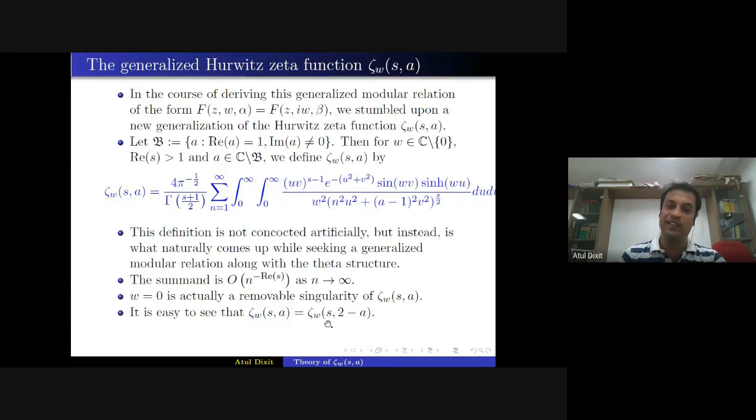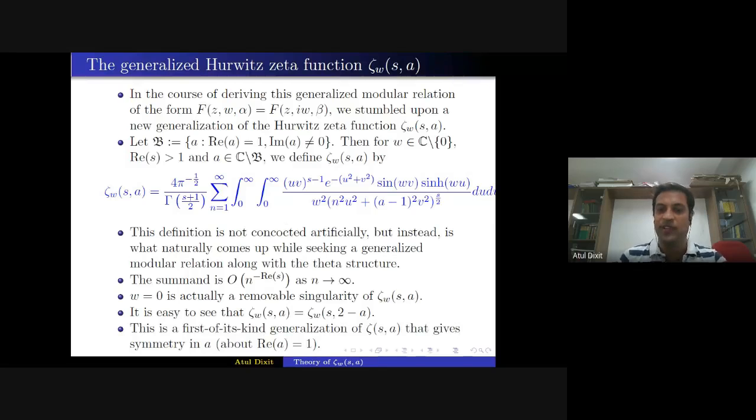In this particular zeta function, we very nicely get a symmetry along real A equal to 1. And you can see it's trivial to prove from the definition itself. You replace this A by 2 minus A, you get back the same function. So this is the first of its kind generalization which has symmetry in A, besides other possible symmetries which we'll try to find.